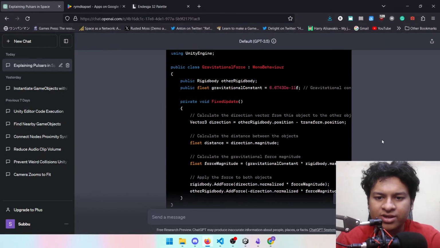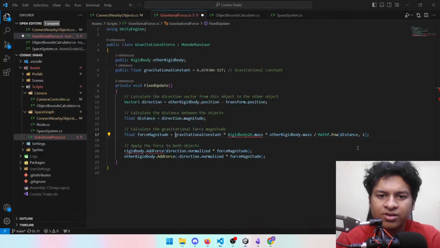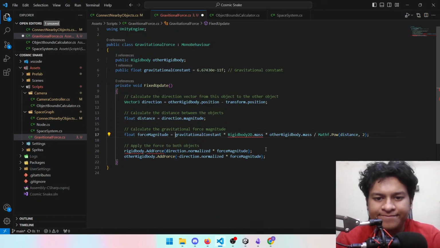Why did it give me such a dumb script? This thing should be its own rigid body. That thing should be the other one's rigid body. You multiply the mass and you get that power, it seems. Then you add the force.